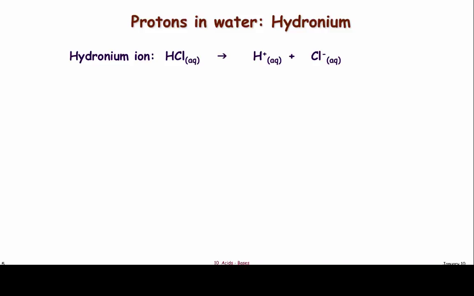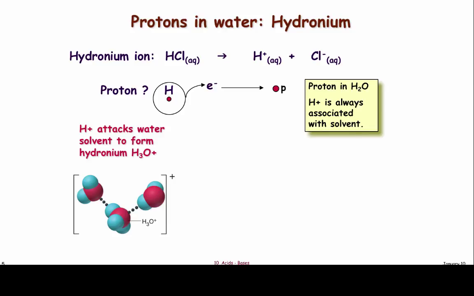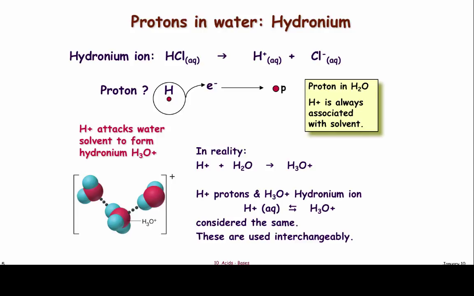As I said, H3O+ is called the hydronium ion. So when you have an acid and it dissociates to H+ and Cl-, this actually takes place in the presence of water. And so what actually happens is that as the electron is ripped off a hydrogen atom, that hydrogen atom is going to be H+, which is very reactive, and it combines with H2O molecules, and that H3O+ chemical is called the hydronium ion.